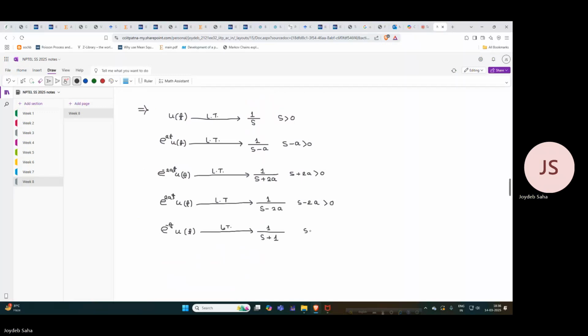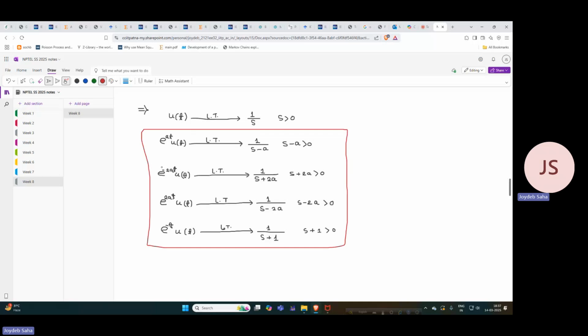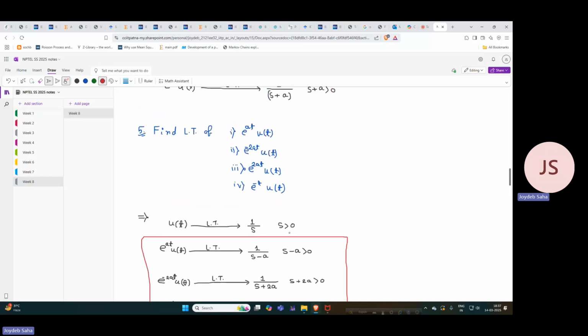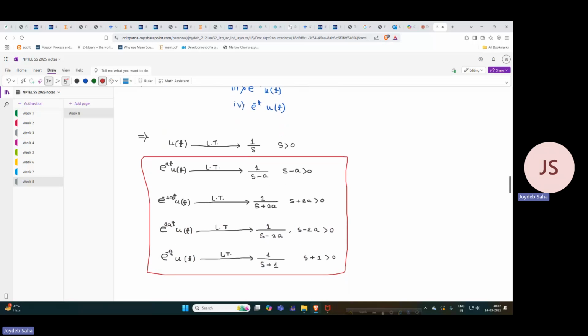For s plus 1 greater than 0. Fine. So this is the solution. Please have a glance and try to understand what we have done. Then we will move to the next property.